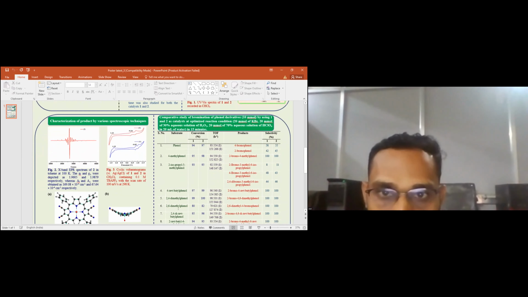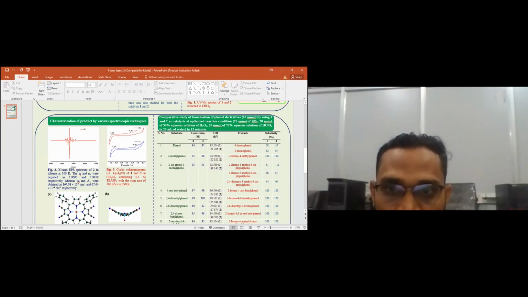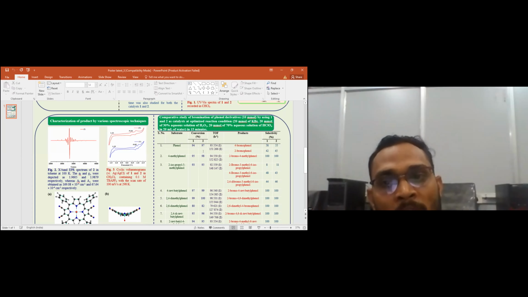In the case of 4-methyl phenol, we are getting 95% conversion using one as a catalyst, and in the case of two, we are getting 98% conversion. Also, in the case of 2,4-dimethyl phenol, we are getting 99% conversion with one, and with catalyst 2, we are getting 100% conversion.